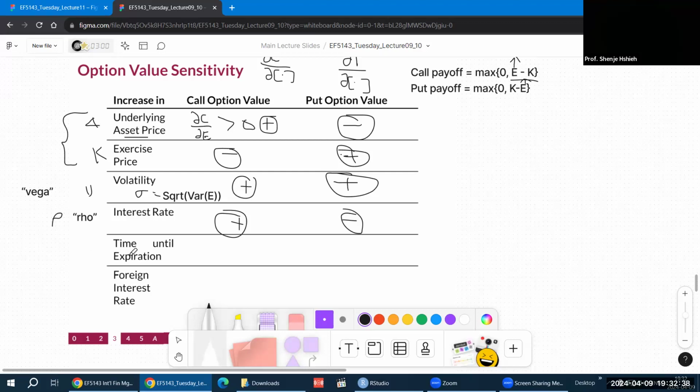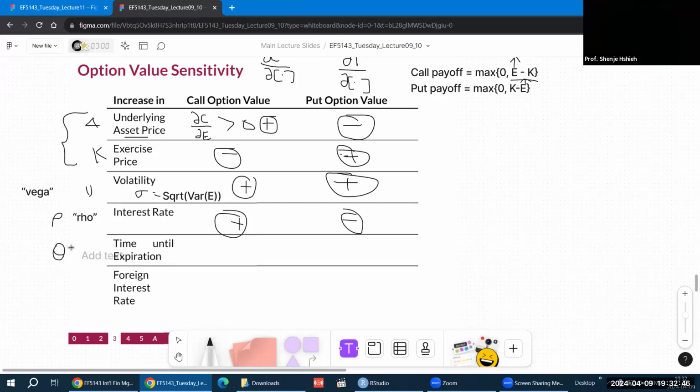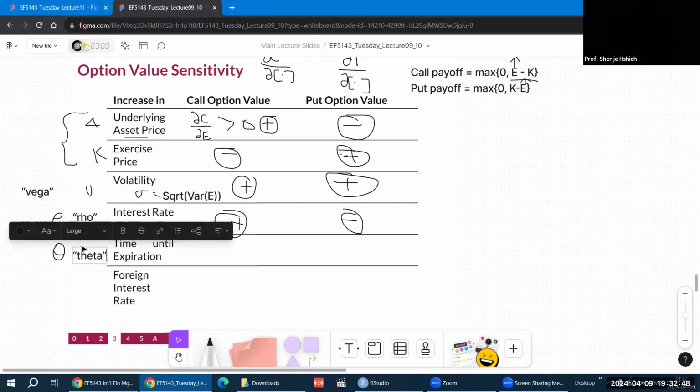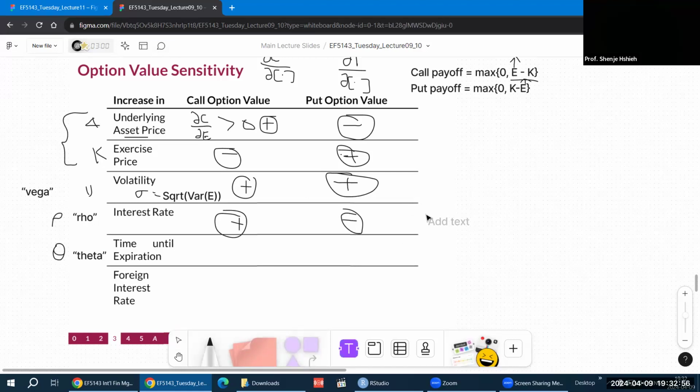Time until expiration. So this is just the maturity date. This is theta. Okay, so maybe I write something here just to make sure.